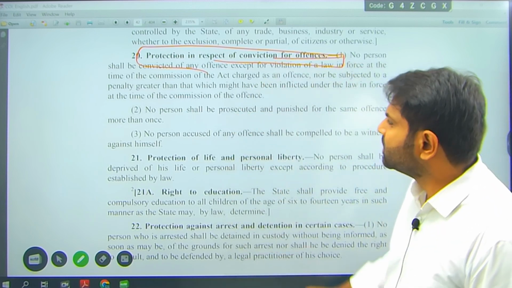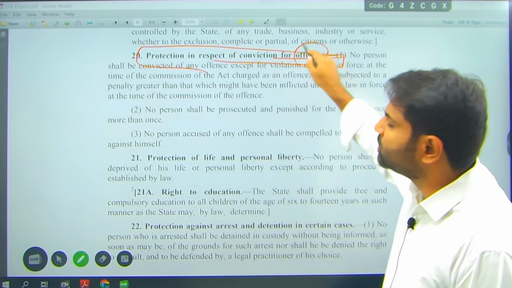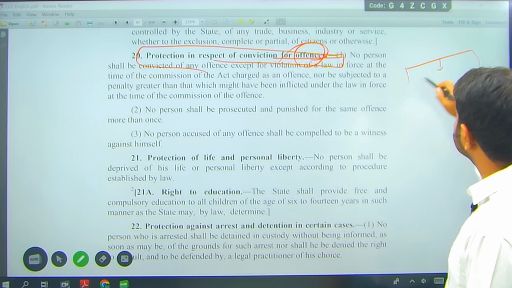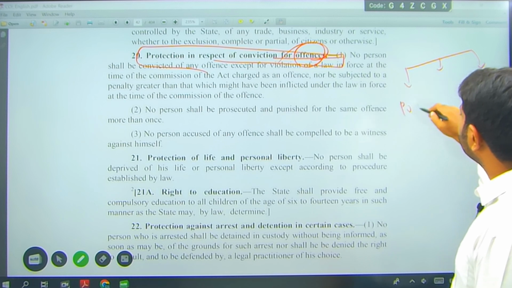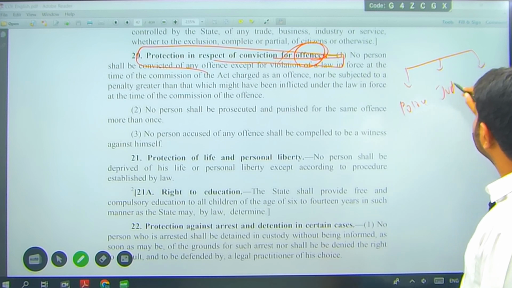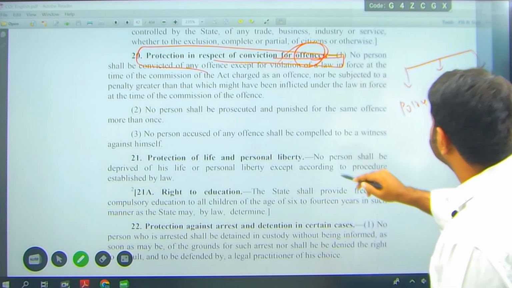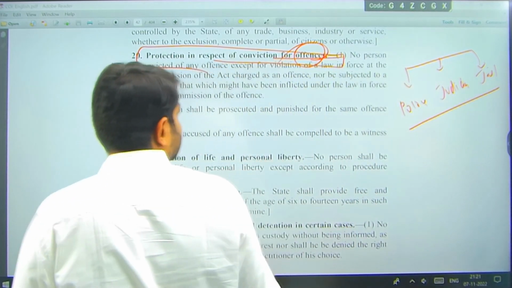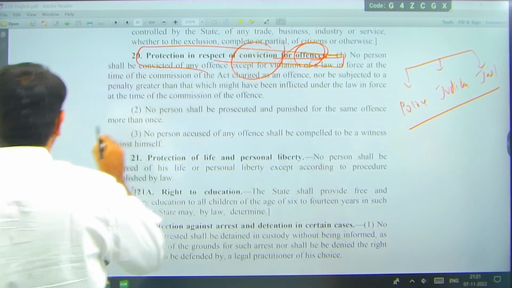In conviction there are three stages, right? One is police, the second one is judiciary, the third one is jails. We have this infrastructure available. We have police, we have judiciary, we have jails. What is the word conviction?